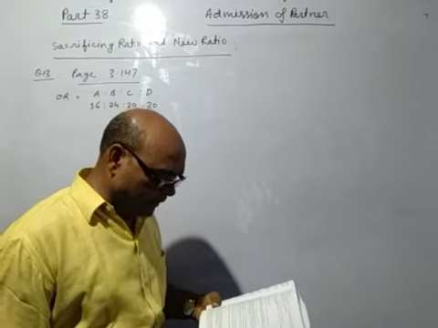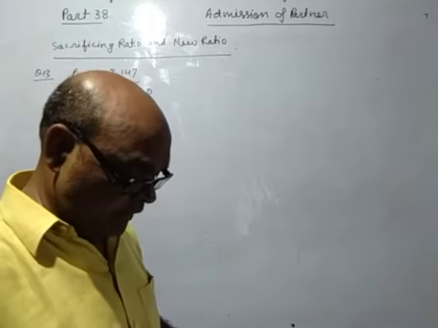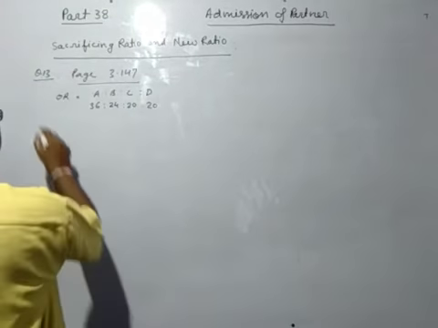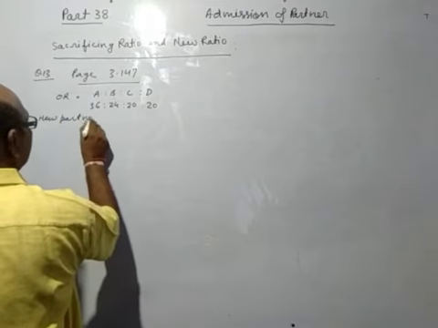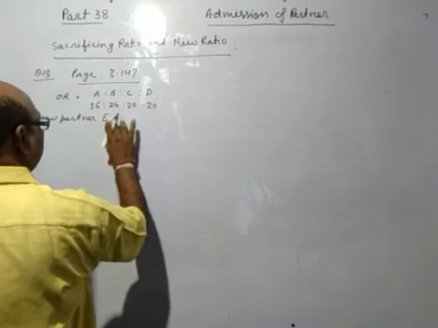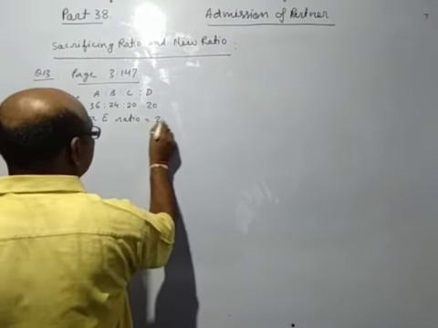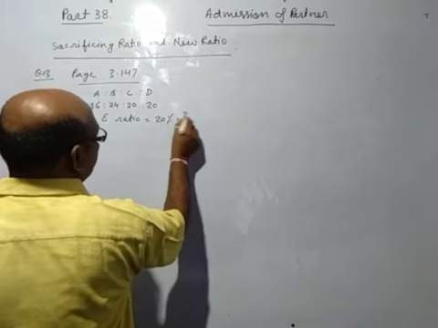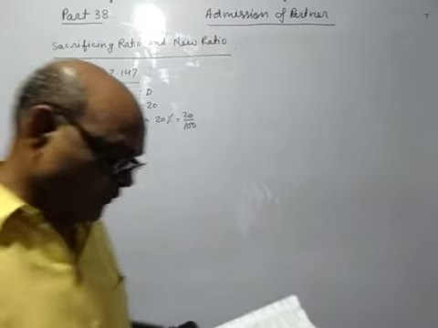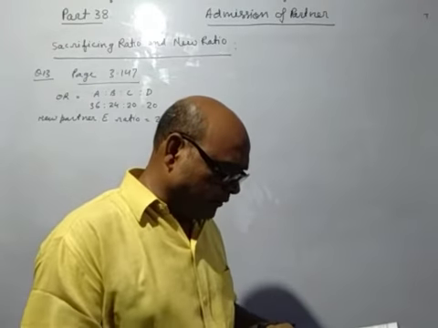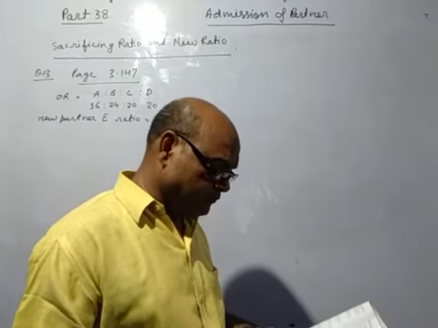E joins the partnership for a 20% share. So new partner E's ratio is given as 20% or 20/100. A, B, C, D would in future share profit.